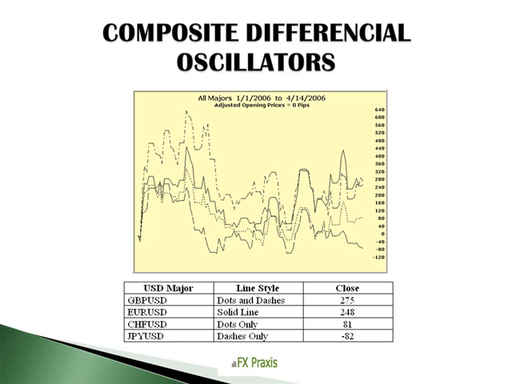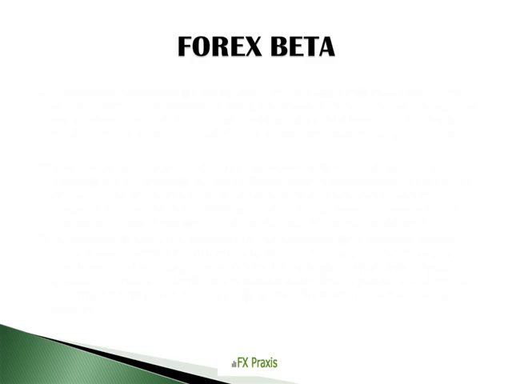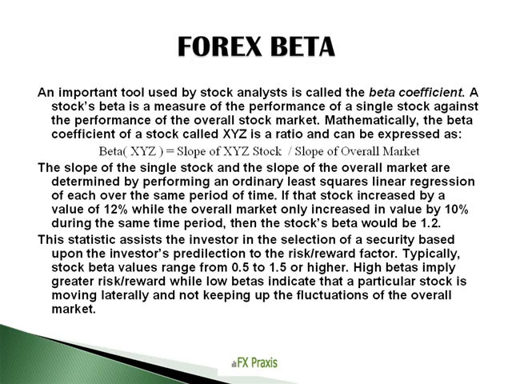The Mundo has a great deal of potential as an innovative tool for technical analysis, and we have only begun to scratch the surface. Relative strength and oscillator studies appear to have substantial values for traders. An important tool used by stock analysts is called the beta coefficient. A stock's beta is a measure of the performance of a single stock against the performance of the overall stock market.